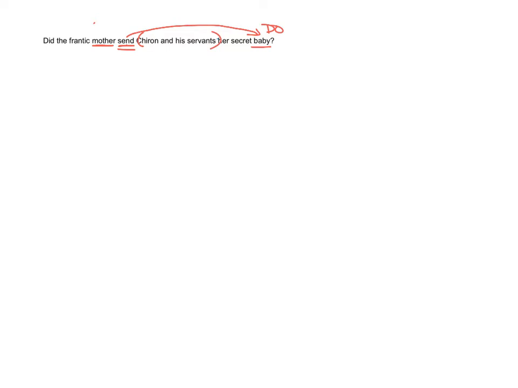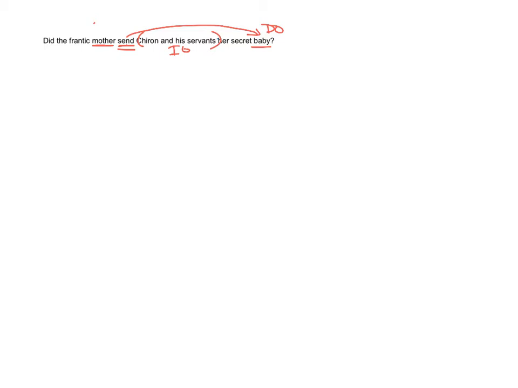So it's not directly what's being sent, but it is indirectly related to sending, since it's where it's being sent to. And if you notice, I keep saying the word to because I could put that in a prepositional phrase. Did the frantic mother send her secret baby to Chiron and his servants? That means this is your indirect object.